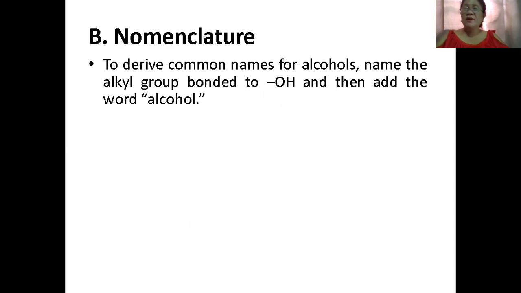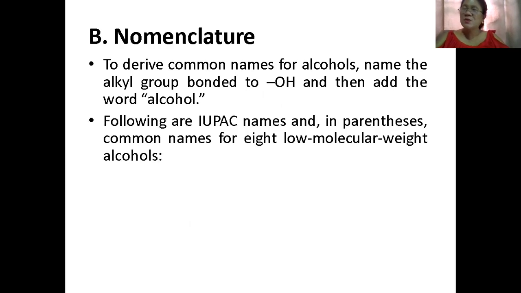There are no common names for alcohol aside from the IUPAC name, but only a few of these alcohols have a common name. So in most cases, what is always followed is the IUPAC name.